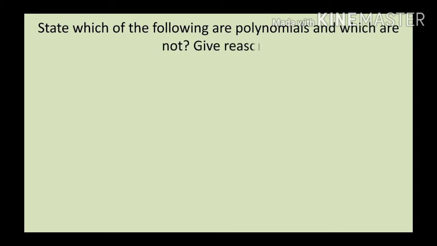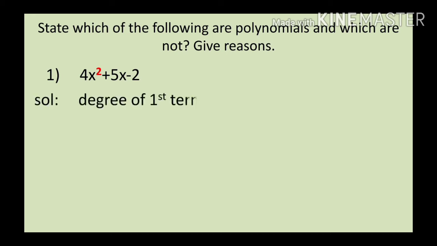Look at some problems given in the textbook. State which of the following are polynomials and which are not. Give reasons. First problem: 4x square plus 5x minus 2. Here the expression has three terms. The first term is 4x square, so the degree is 2.